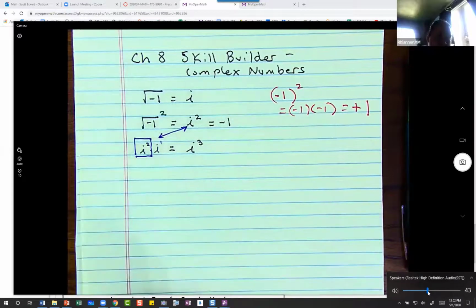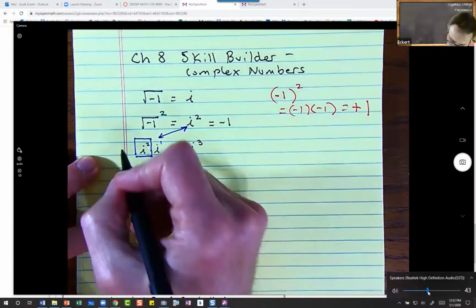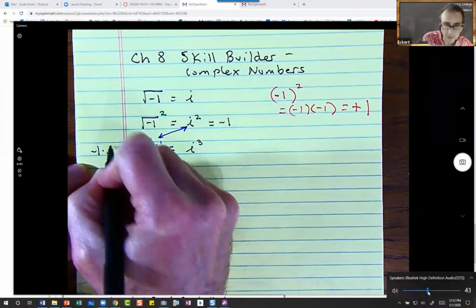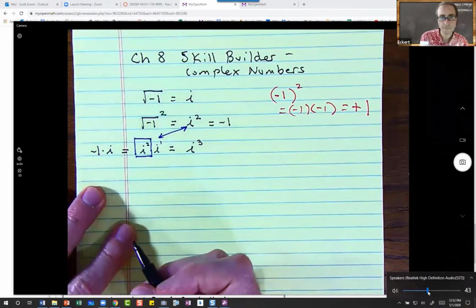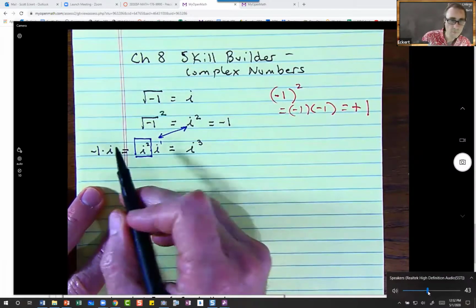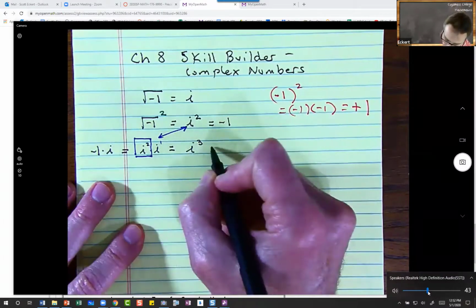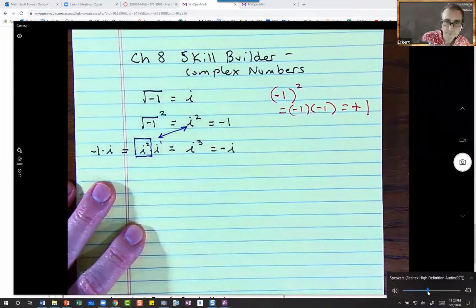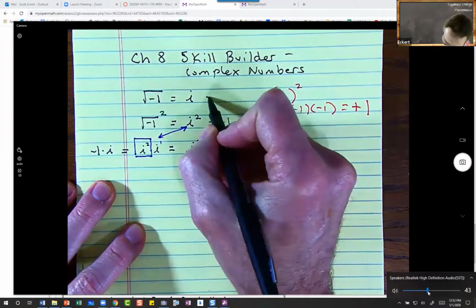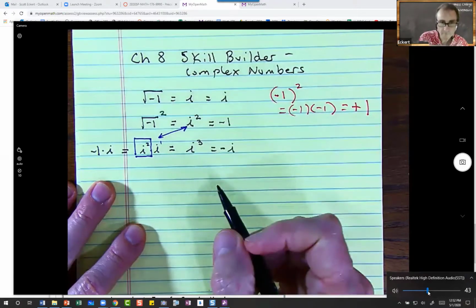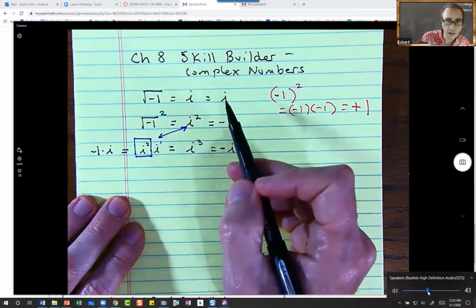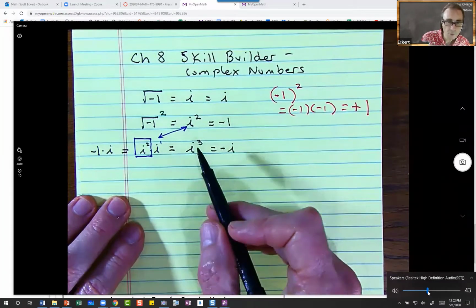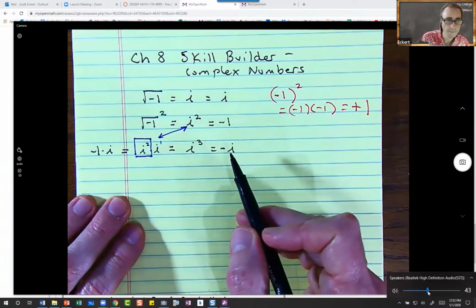So this is going to equal -1 times i, and -1 times i equals -i. Okay, so i squared equals -1, i cubed equals -i.